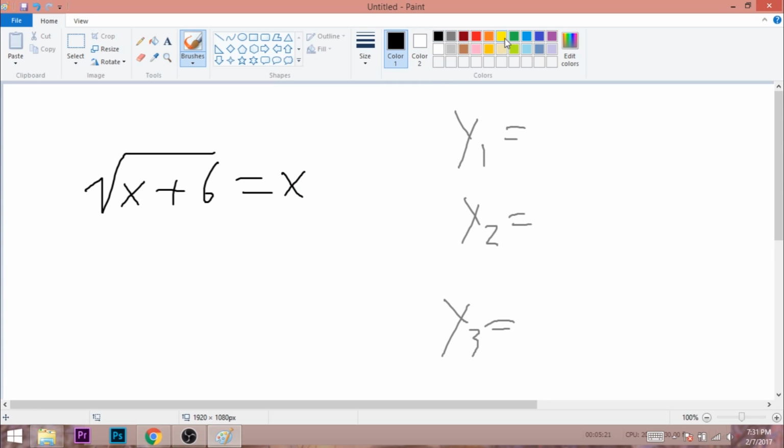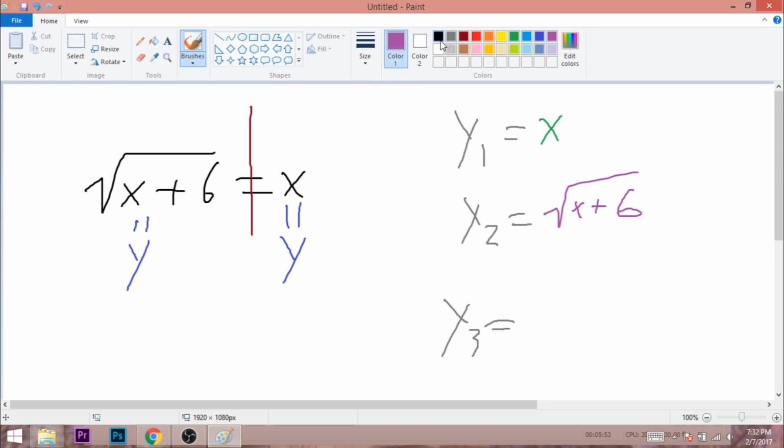So if I were to split the equation in half, you would have x on one side and the square root of x plus 6 on the other side, and you're going to set y equal to both of them. So for instance, we could have y1 is equal to x, and y2 is equal to the square root of x plus 6.